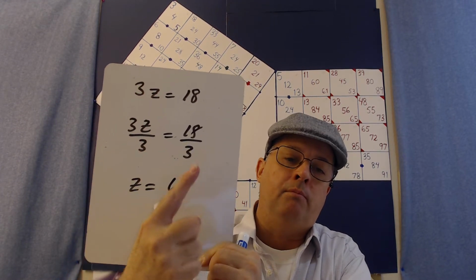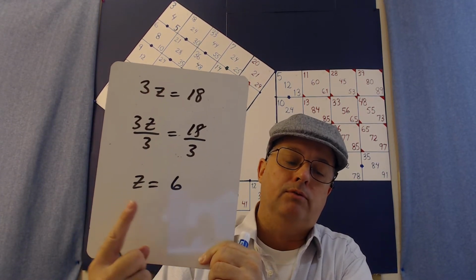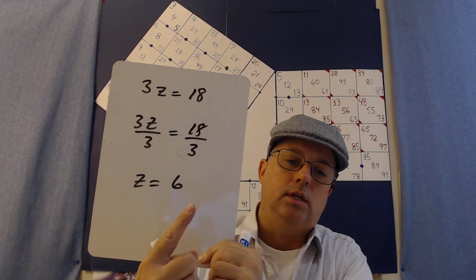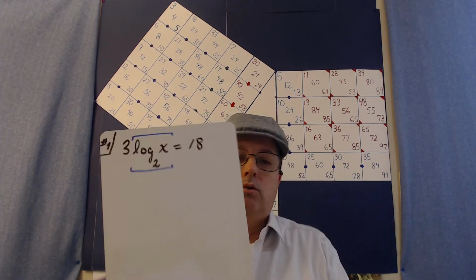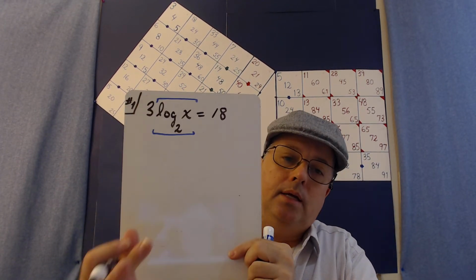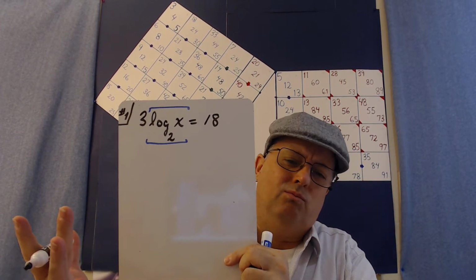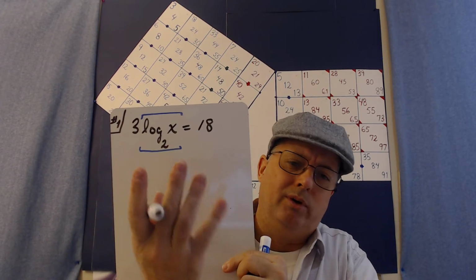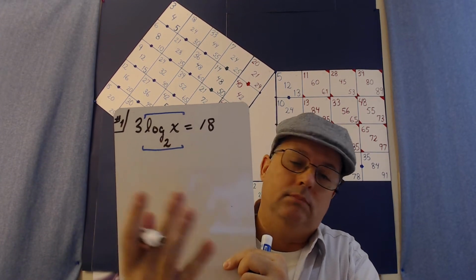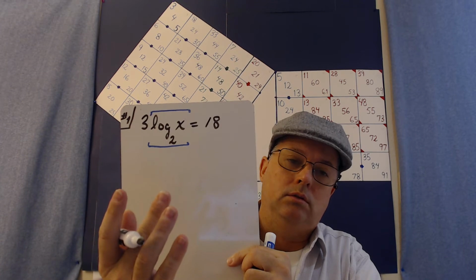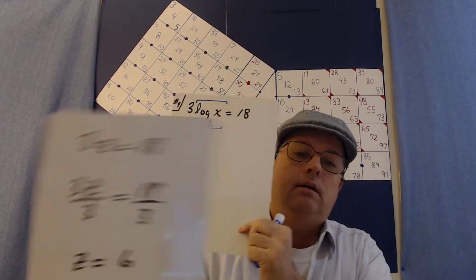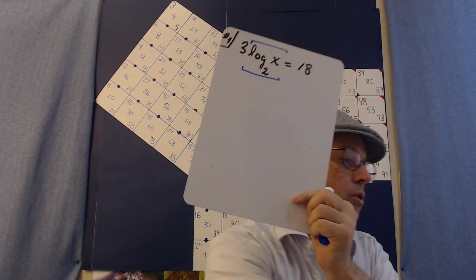So don't wonder what to do with this log thing. It's a variable expression, just like z is the variable. And so we're going to do what we would usually do, which is to divide by 3.